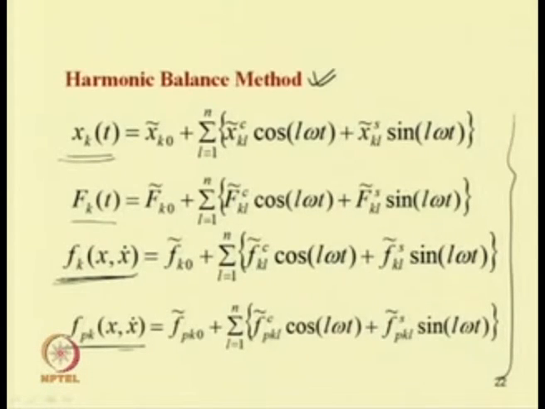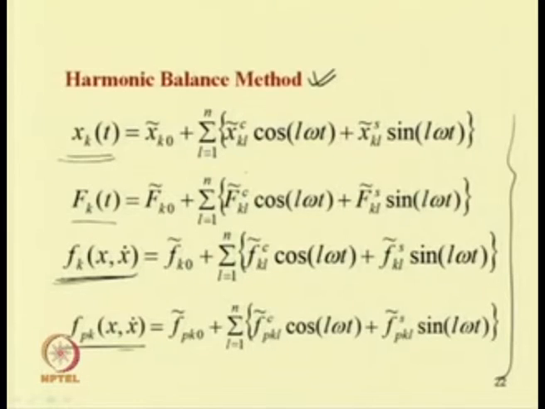So, for example, x k, that is the kth displacement, we can write equal to x k 0 plus x k L cos L omega t plus x k L sin L omega t, where L varies from 1 to n. For example, n equal to 1, it will be x k 1 cos omega t plus x k 1 sin omega t.